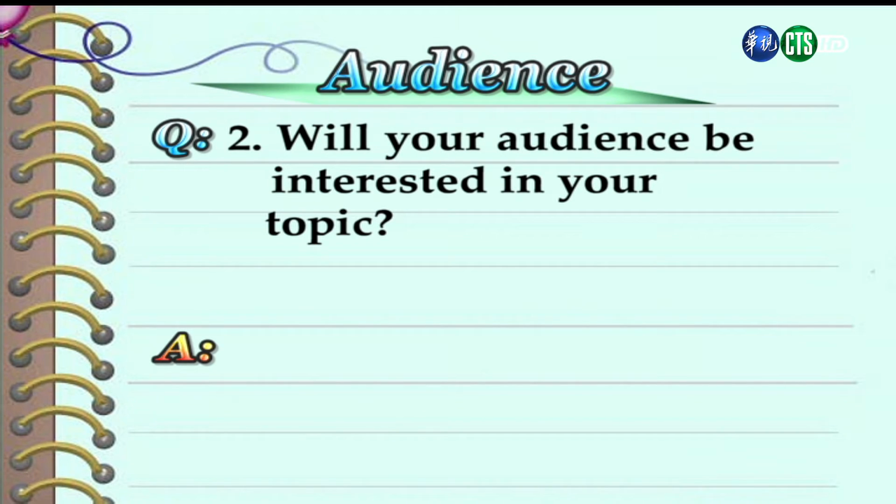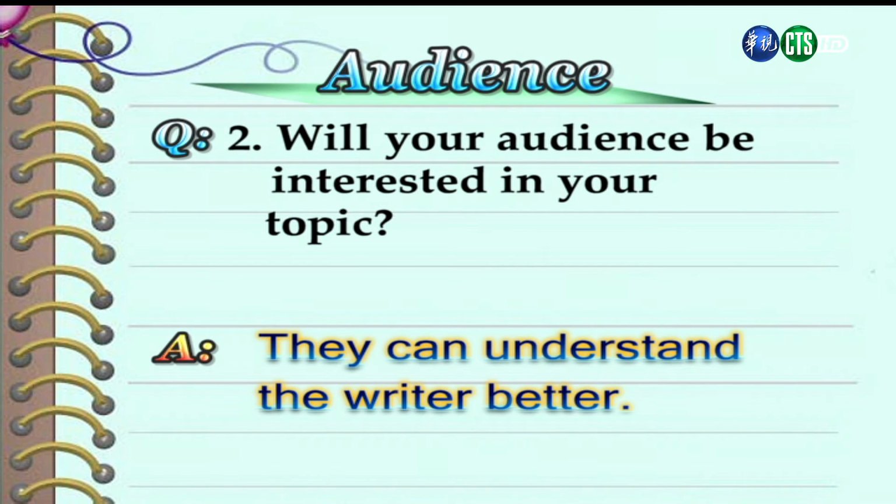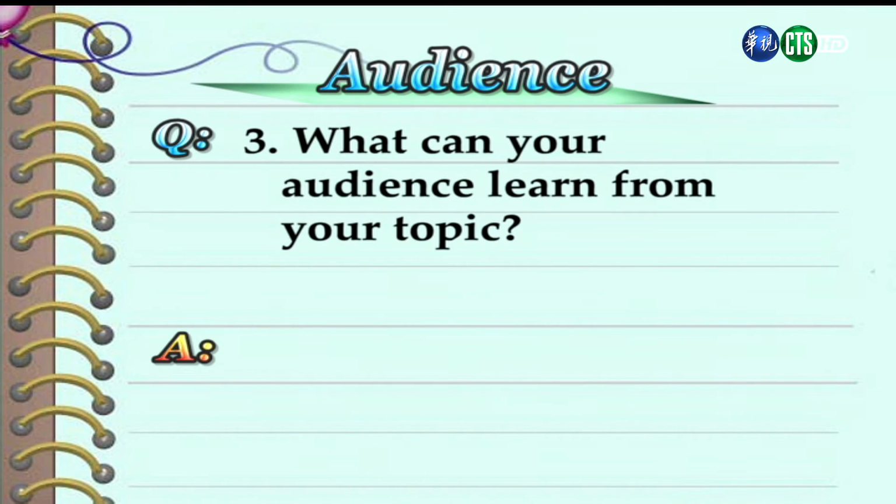And so we can say that maybe we can get them interested because they can understand the writer better. All right, our next question is, what can your audience learn from the topic?